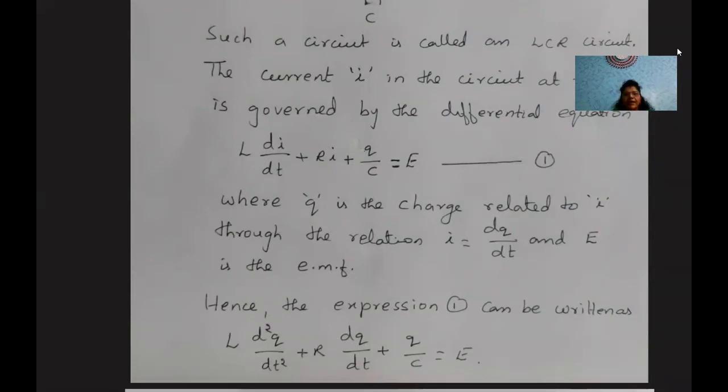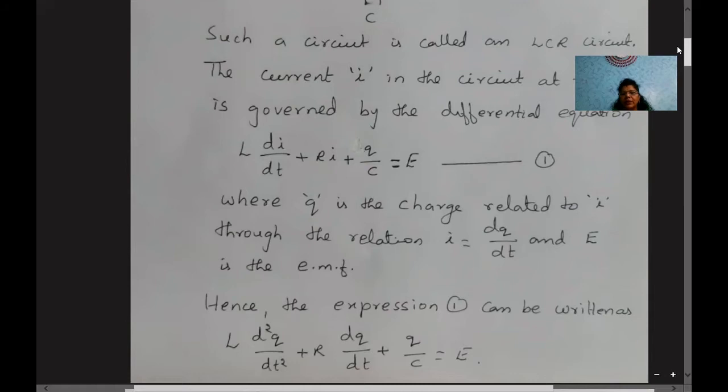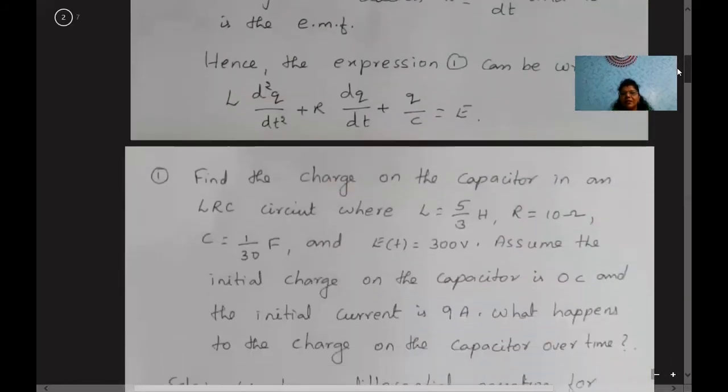Here, E is the EMF. Hence, equation number 1 will be changed to the second order linear differential equation after substituting I is equal to dq by dt, that is L into d square q by dt square plus R into dq by dt plus q by C is equal to E.